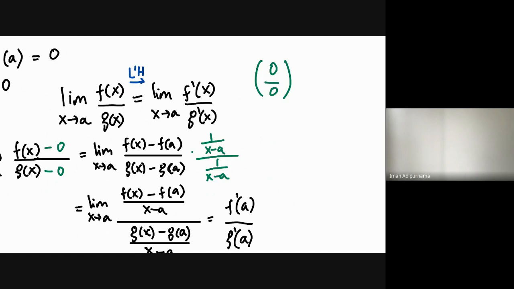If you plug in and it shows 0 over some number, then it's just a 0 limit. So you can do the L'Hopital rule when you have 0/0, and also some other forms. We call these forms indeterminate forms.